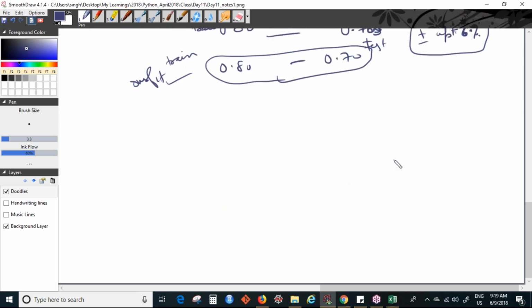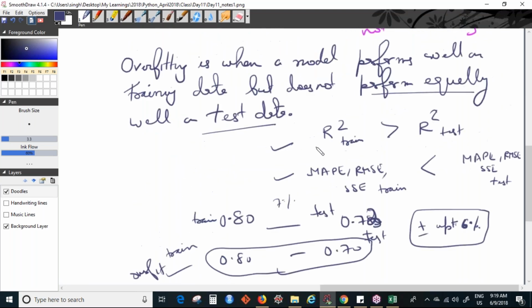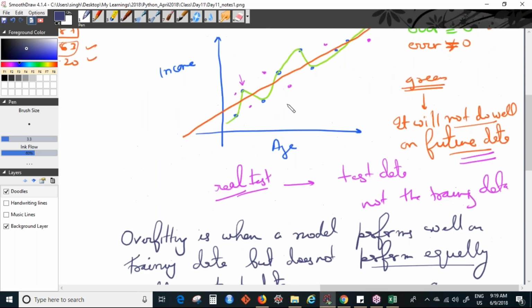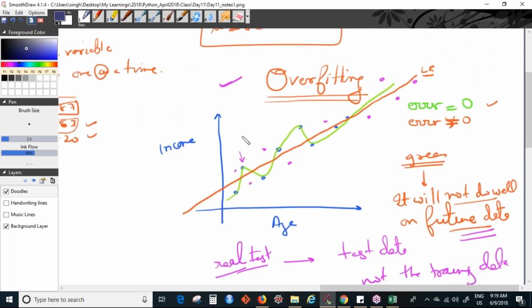Okay, and the opposite of this is underfitting. Underfit means when your model is very simple. So in this case, our model was complex, right? The green one was overly complex. It was too complex. We don't need such a complex model because it will not generalize well on the future data. Okay.